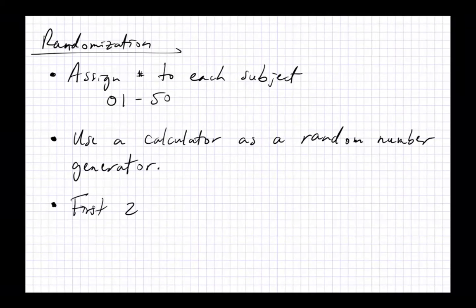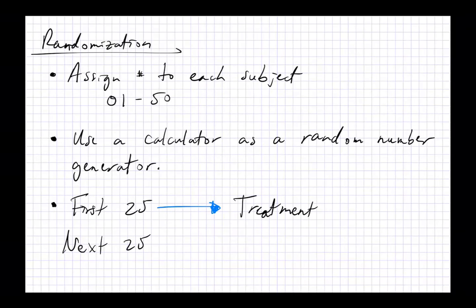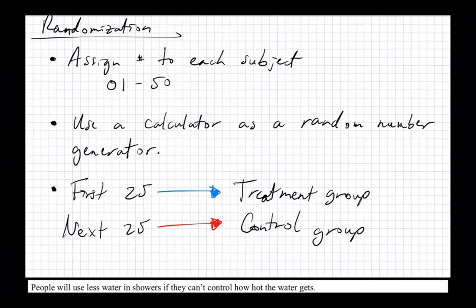First 25 go to the treatment group. This way I can do males and females at the same time. Next 25 go to the control group. Okay. That's how I came up with my groups.